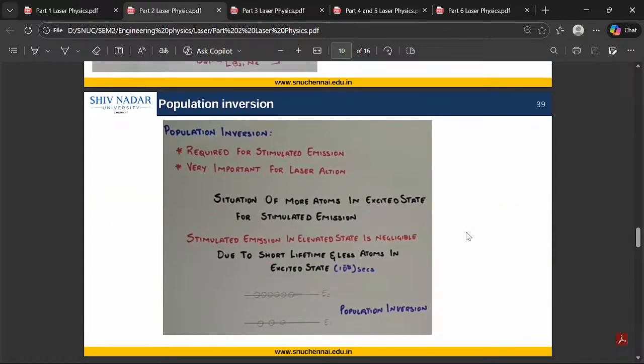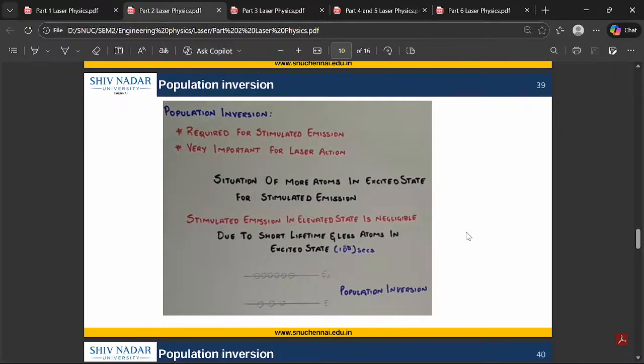So here let's see about population inversion. This is a very important principle from which the lasing action can be achieved. Population inversion is very much required for stimulated emission, with which we can achieve lasing action.